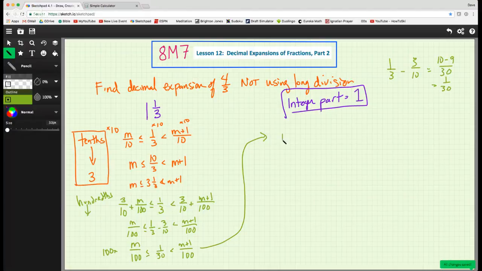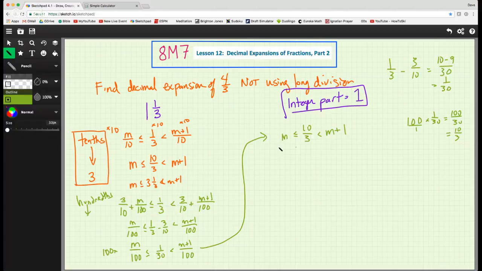So m is less than or equal to 100 times 1 over 30, which is 100 over 30, and that equals 10/3. So now we have m is less than or equal to 10/3 is less than or equal to m plus 1.